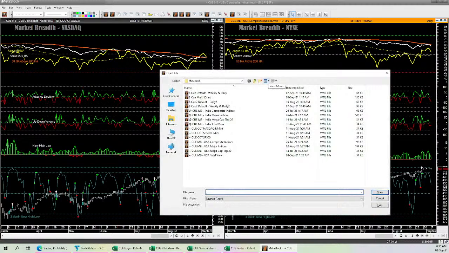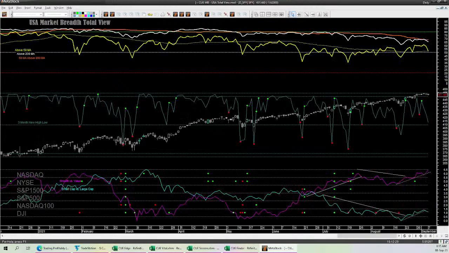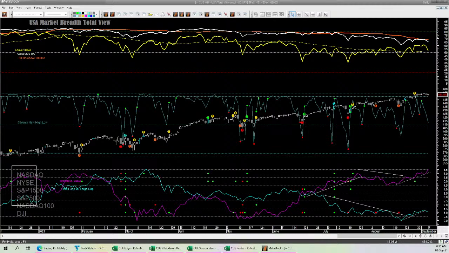Let's look at the market breadth total view. This is the market breadth total view, including the calculations from 2 composites and 4 major indices.